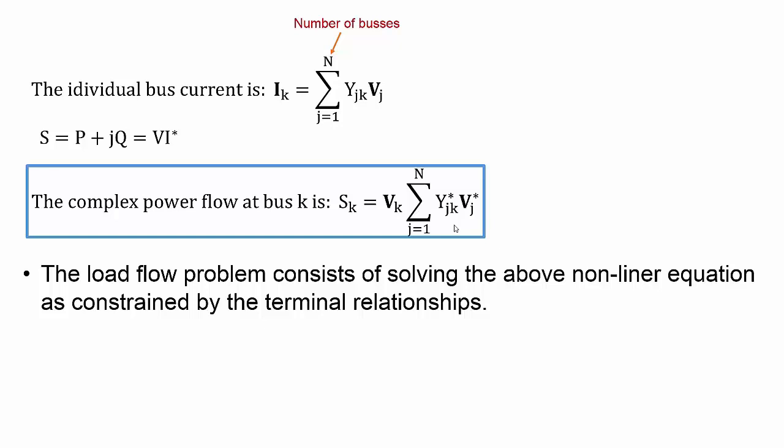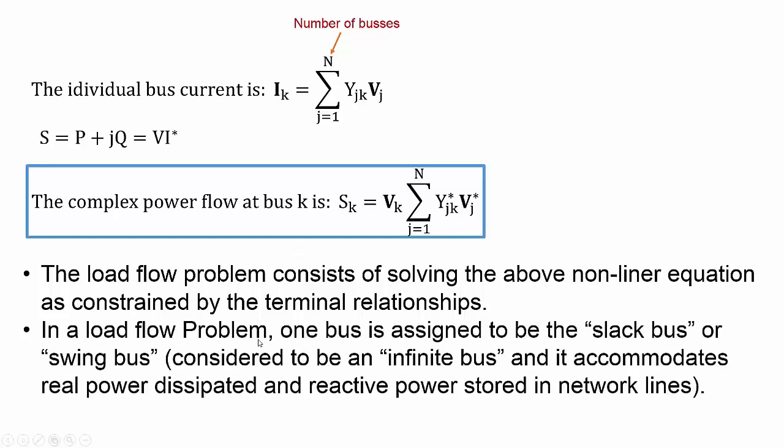Because they are unknown, that complicates calculations and makes it impossible unless we assume that somewhere in the network there is a very generous, large bus that will provide all the power loss in the line and all the reactive power stored on the line. That we call the slack or swing bus.